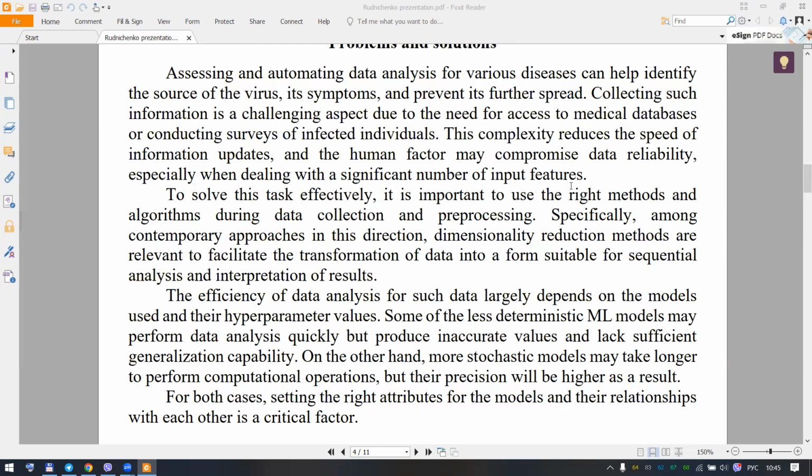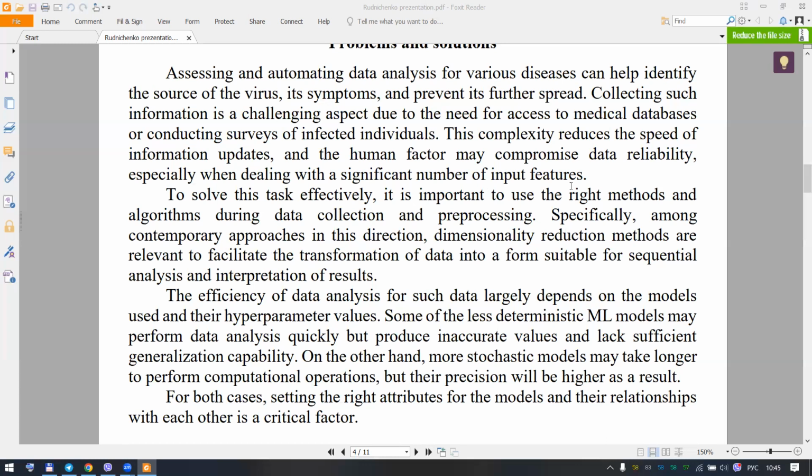The efficiency of data analysis for such data largely depends on the models used and their hyperparameter values, because it's a big problem to find the most convenient and effective hyperparameter values.